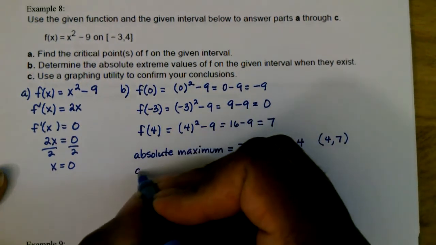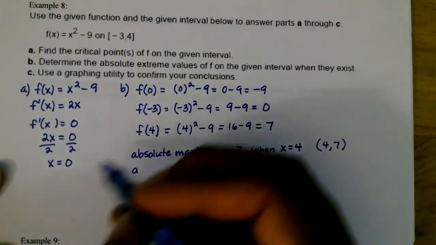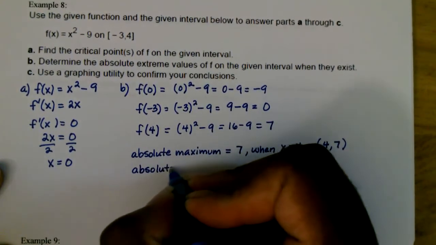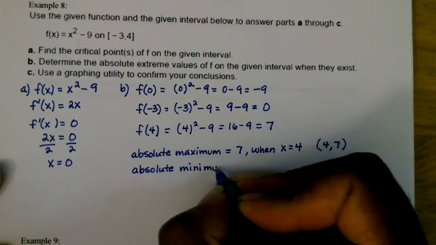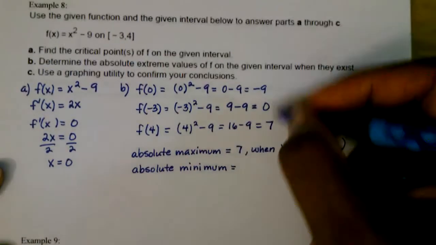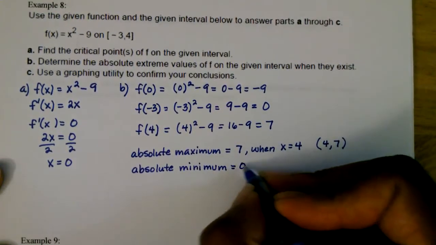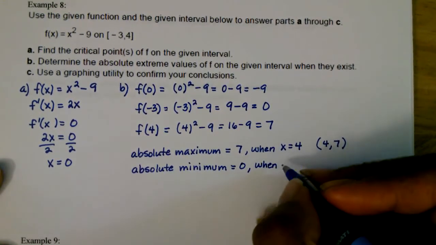And then our absolute minimum, that's the smallest of the three y values that we got here. In this case, that's 0. And that occurred when x is equal to -3.